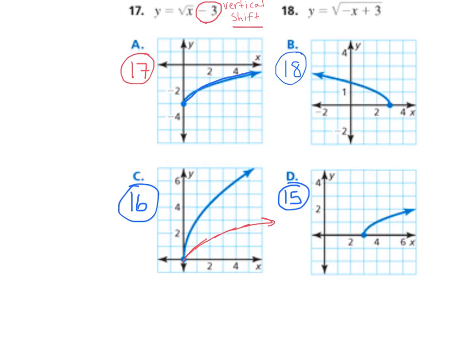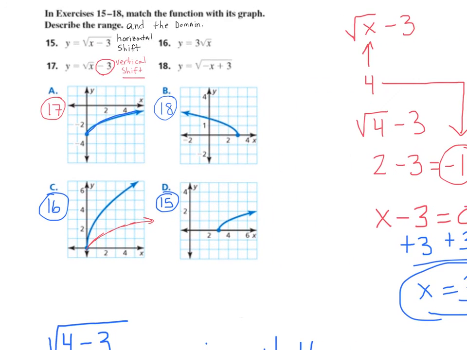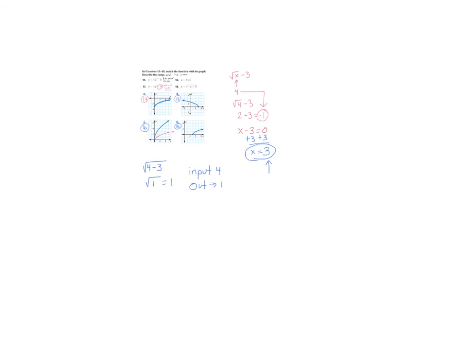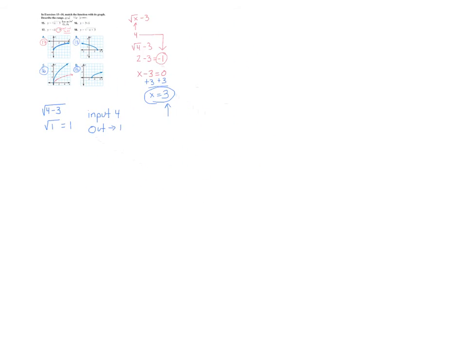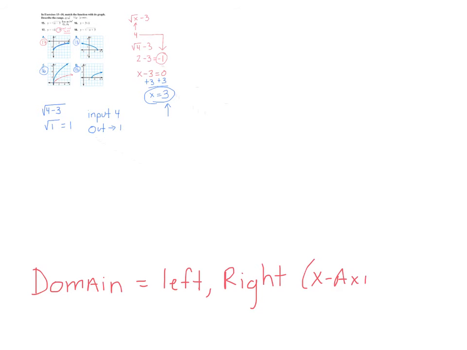So now what we want to do is evaluate the domain and range of each of these. Okay, now let's first talk about what domain and range are. So domain is simply how far left does the graph go and how far right does the graph go. And you're looking at the values on the x-axis.